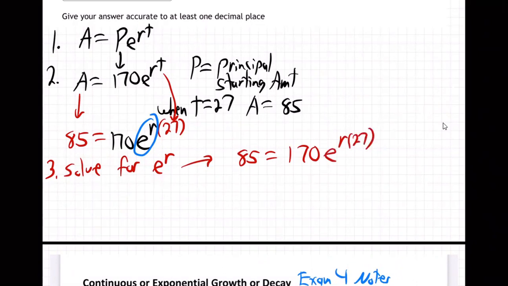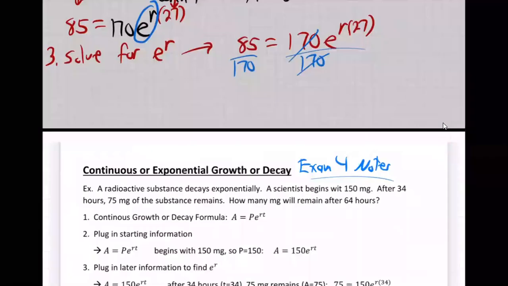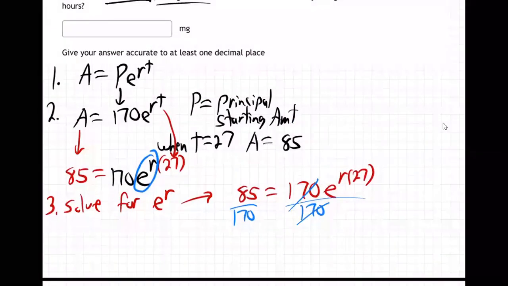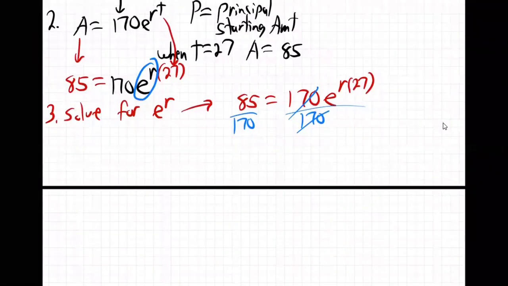The first step is going to be to divide by 170 on both sides like that. Do they want me to go to decimals? I think I'm just going to leave it for now. I think it might be a little easier that way. So what do we get? This is just 85 over 170 is e to the r times 27.